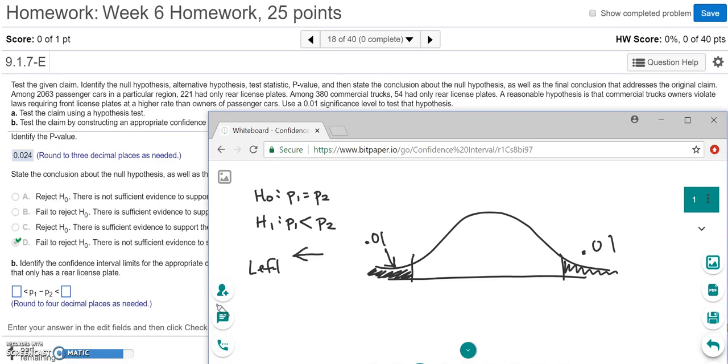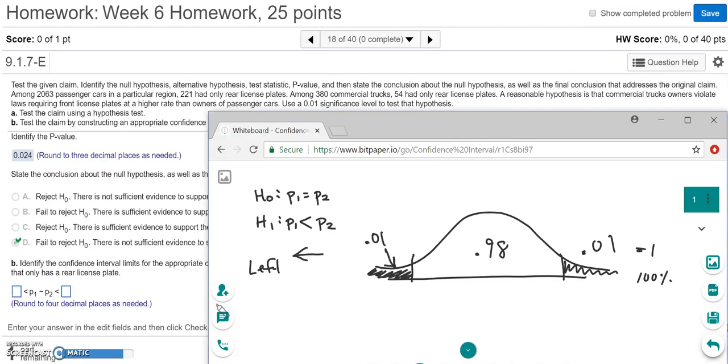So what's left over in the middle here? Well, if I have 0.02 outstretched between the two tails, and the area under the entire curve is 1 or 100%, that means that left here in the middle is going to be 0.98, right? 0.01 plus 0.98 plus 0.01 is going to equal 1, which is equivalent to 100%.